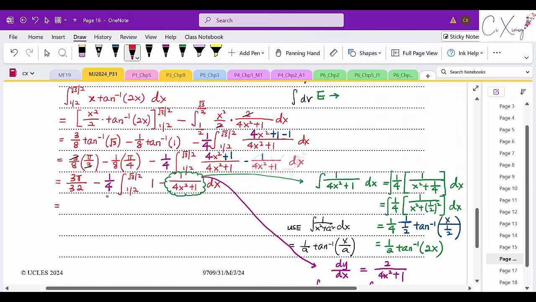Okay, so 3 pi over 32, just copy. Then minus 1 over 4, also just copy. Integrate 1, you get an x. Integrate this whole thing, you'll have half tangent inverse 2x. Then don't forget to substitute the limit as well.